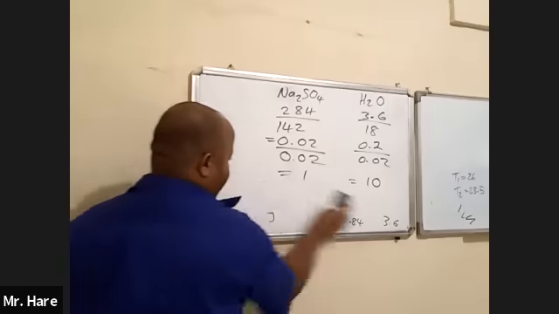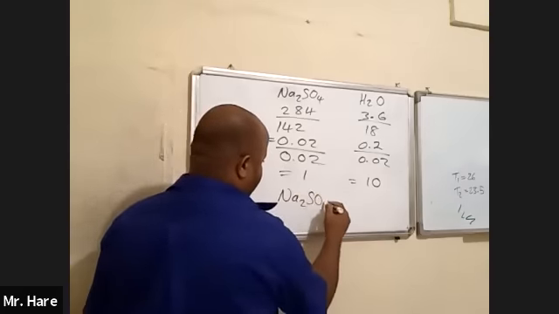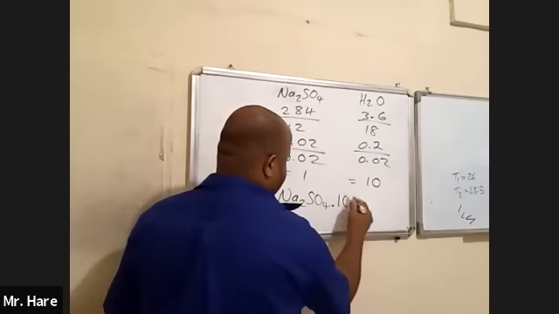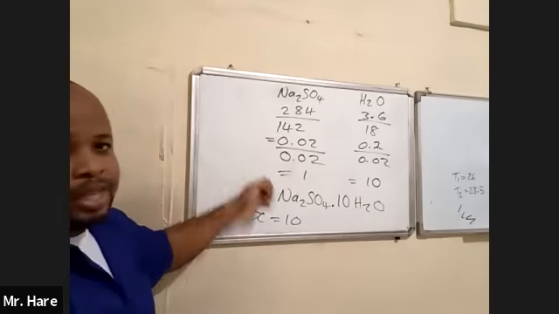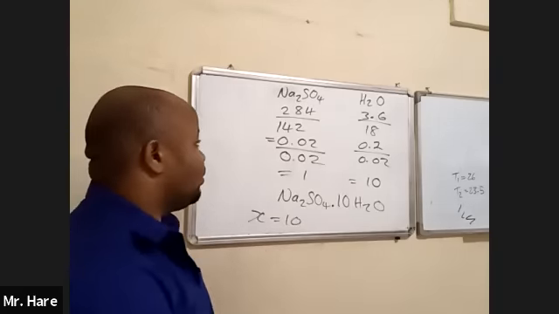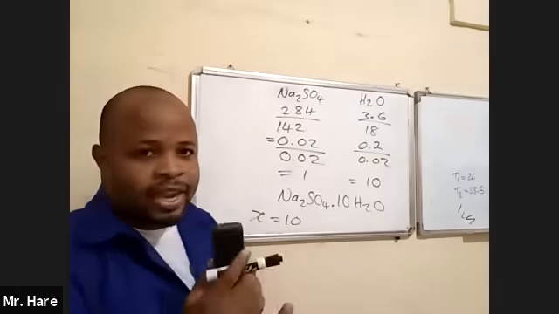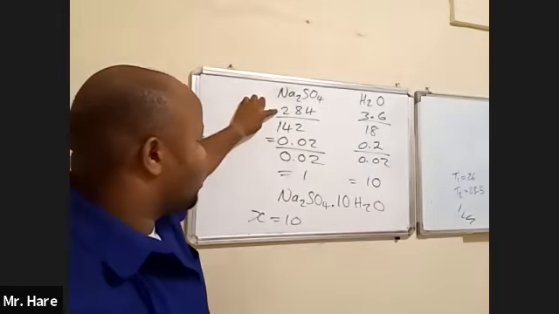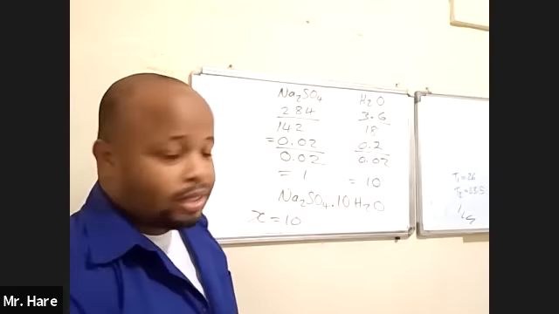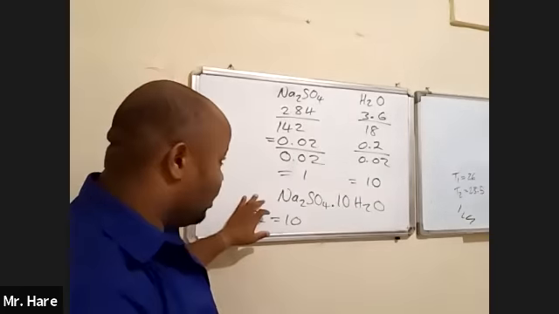And so the formula is Na2SO4.10H2O. Right? X is 10. And so this is how this type of calculation will come. They can make it simpler where they just tell you directly that the mass of the anhydrous salt is 2.84 and the mass of water lost is 3.6, and you just go ahead and calculate.